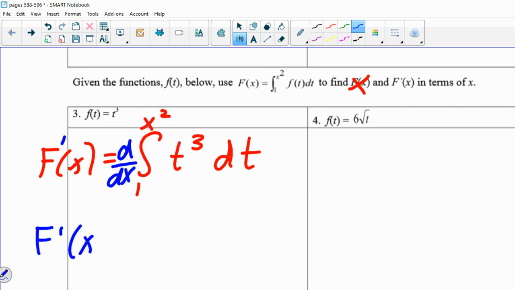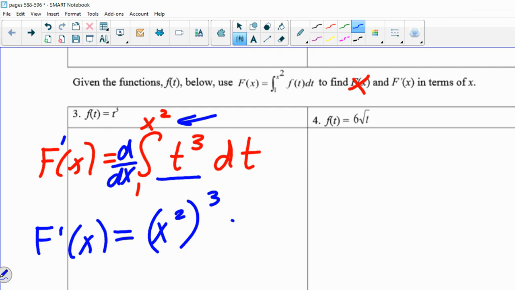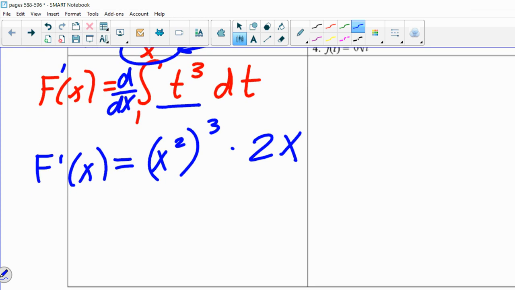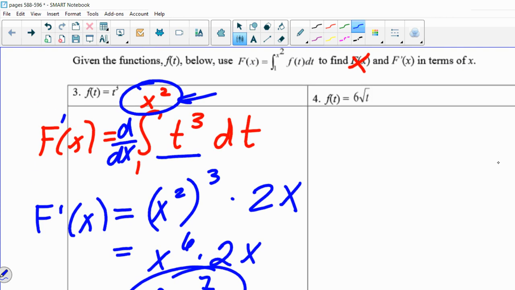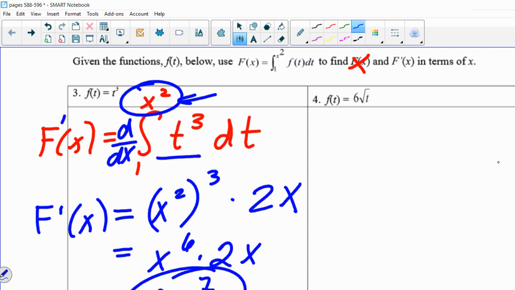So F prime of x is this function evaluated here. So that's going to be x squared cubed times the derivative of that upper limit. Well, what's that going to give us? Well, x squared cubed is x to the 6th times 2x, which is 2x to the 7th power.